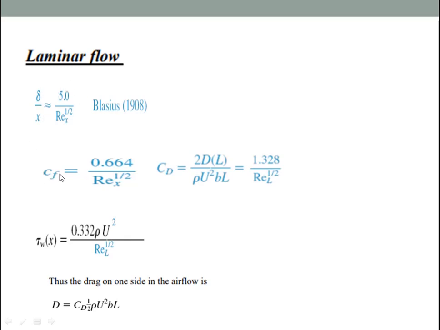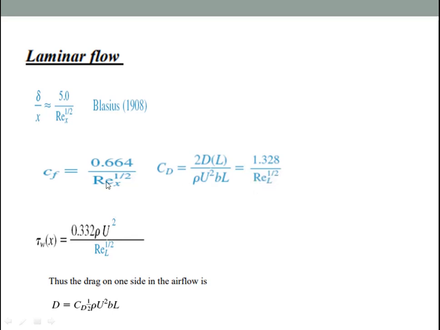The next formula is Cf. Cf is the skin friction coefficient, which is equal to 0.664 upon Rex raised to 1 by 2, where this is the local Reynolds number. When we use the average Reynolds number, the formula is converted to 1.328 upon Rel raised to 1 by 2.